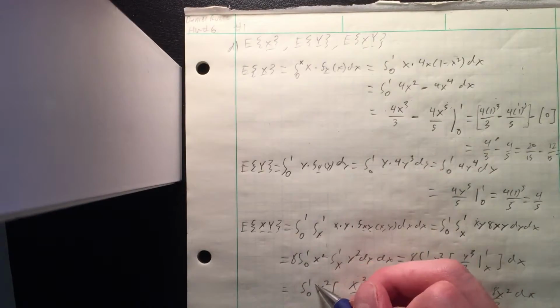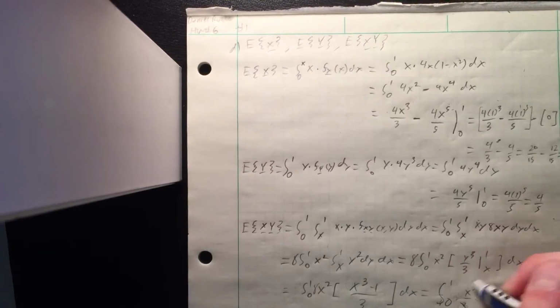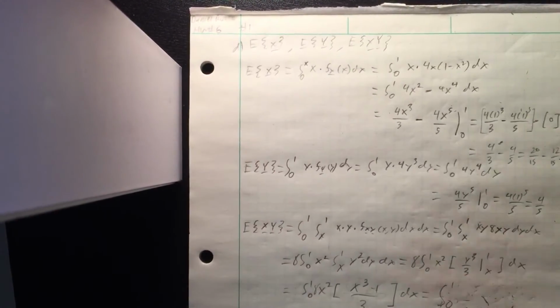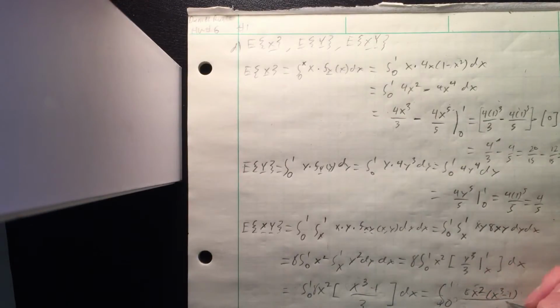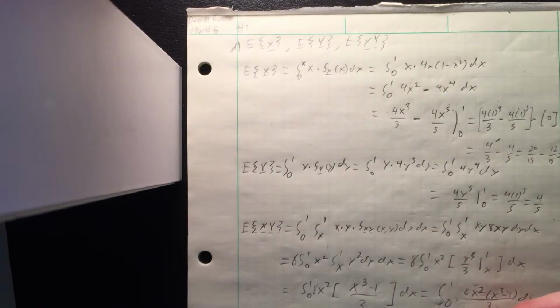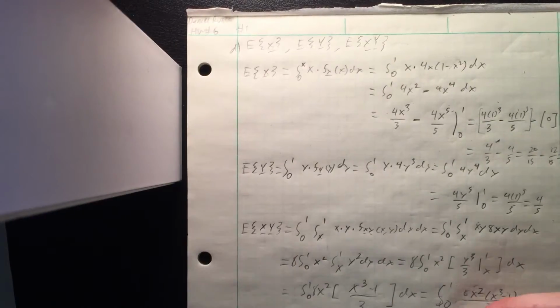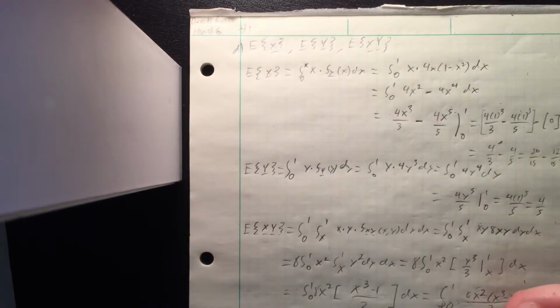And that's 8x squared. So now 8x squared multiplied by x cubed minus 1/3 dx. That's 8 times 1 cubed. Maybe still have to distribute that.